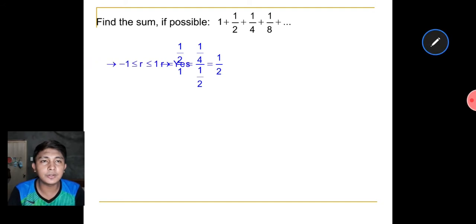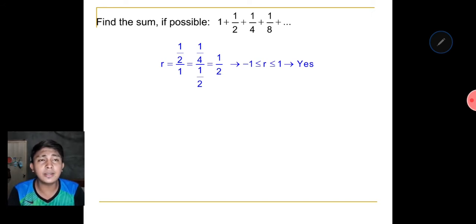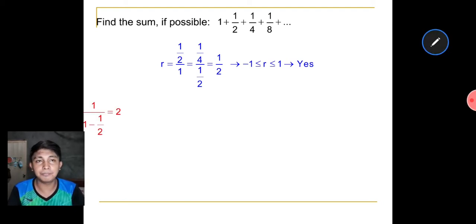Okay? So to be sure, we could find the sum of that infinite geometric sequence since the value of r is ranging from -1 to +1. So yes, we could find the sum.